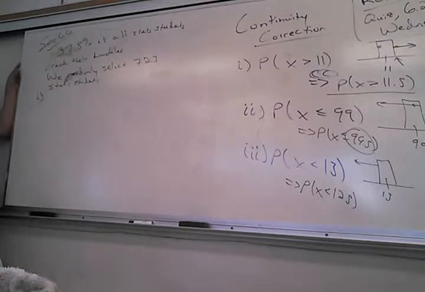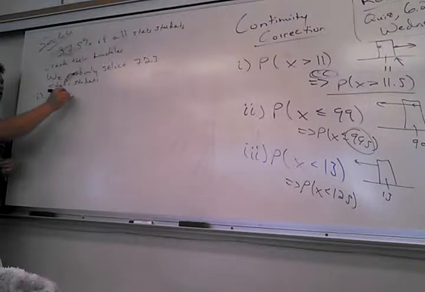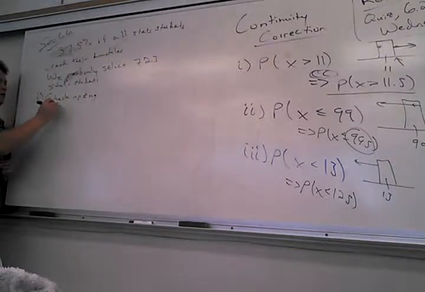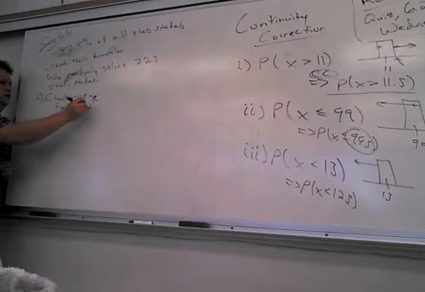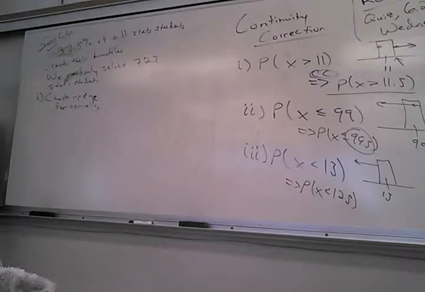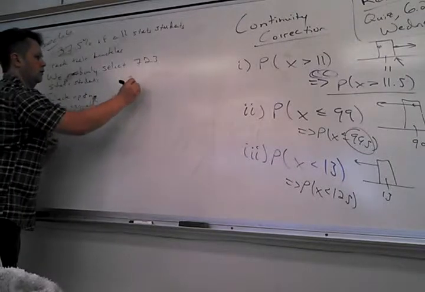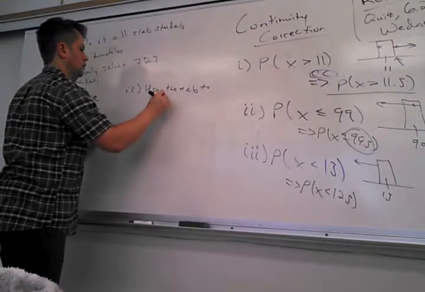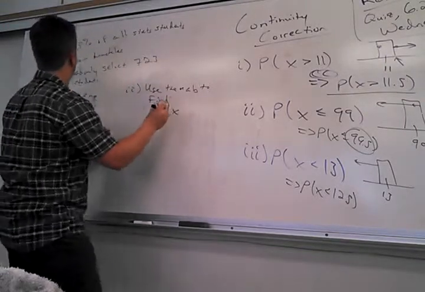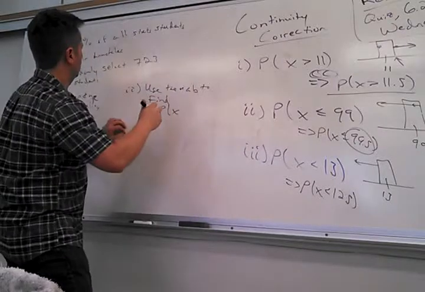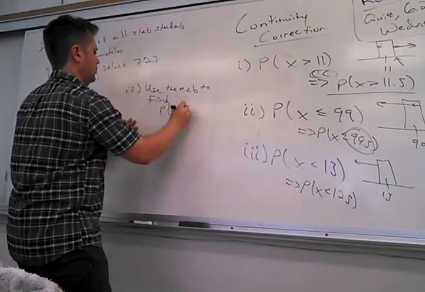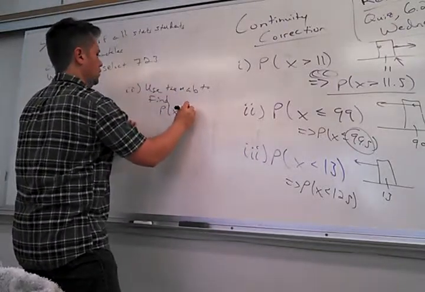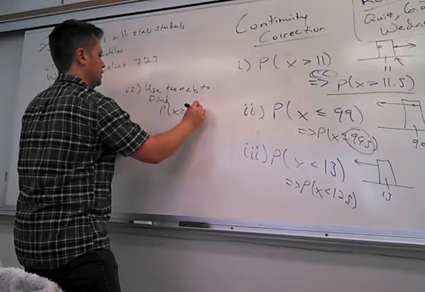And this is how I put it on a test. Let me show you how I put it on the test. Check NP and NQ for normality. And then I'd say, use the normal approximation to find the probability X is, I don't know, greater than or equal to 257.